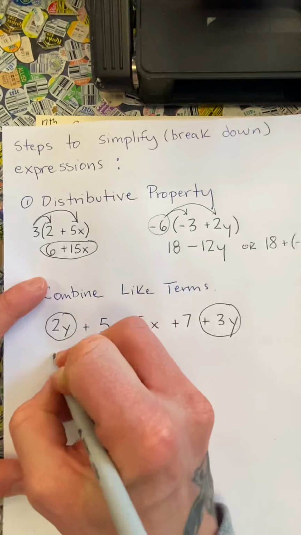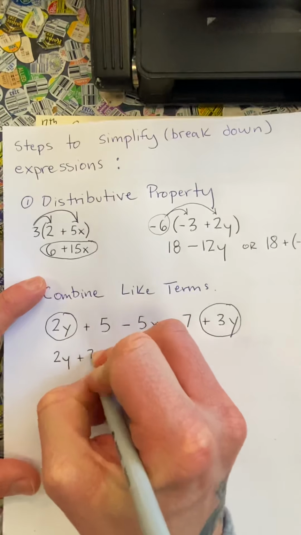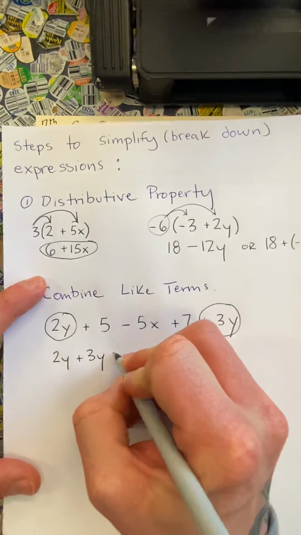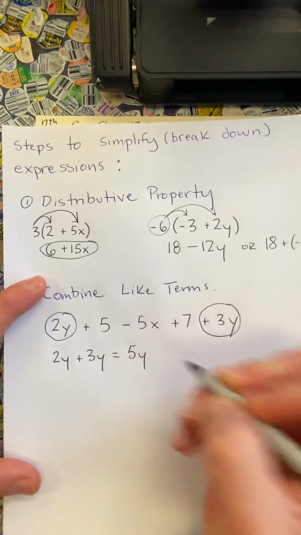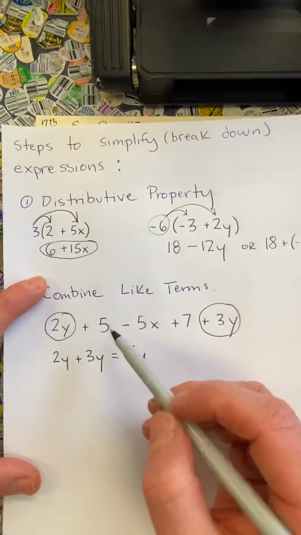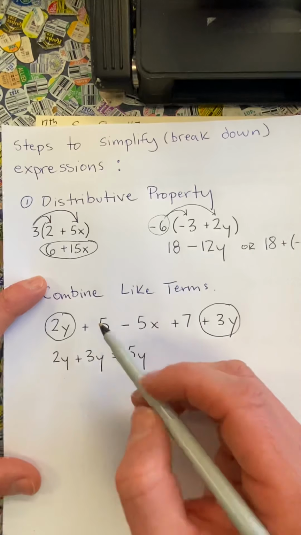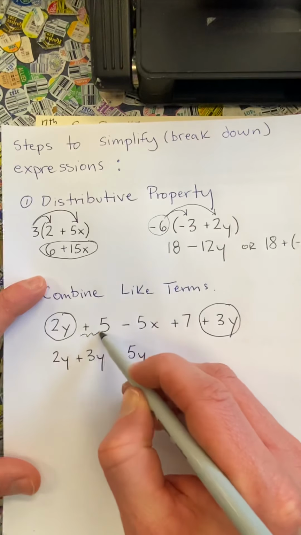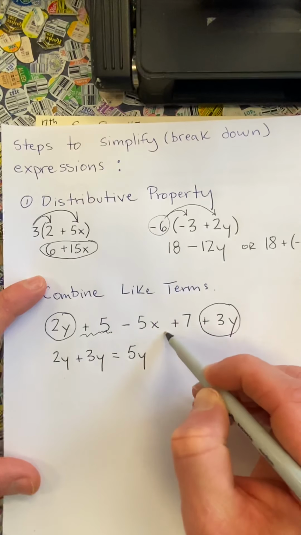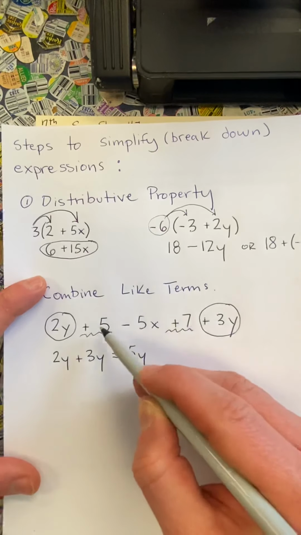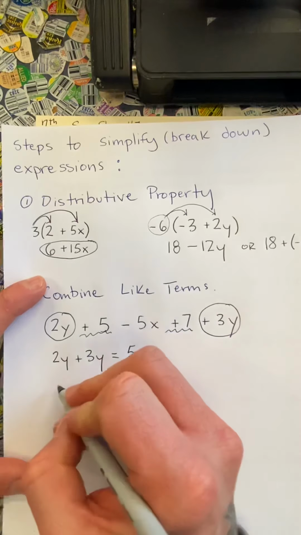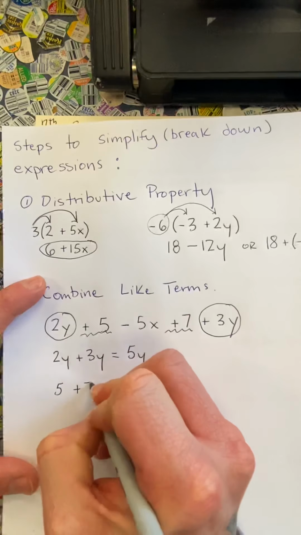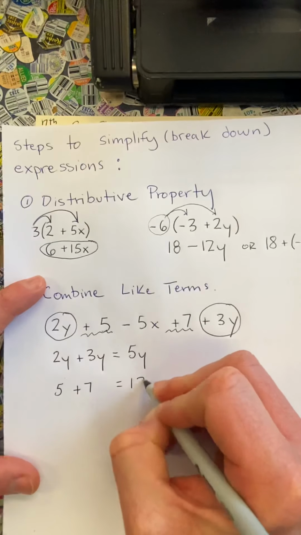That's first. 2y plus 3y is going to give us 5y. Second, we have some constants here. Positive 5 and positive 7 are both regular numbers with no variable. So that's our second group. 5 plus 7 gives us 12.